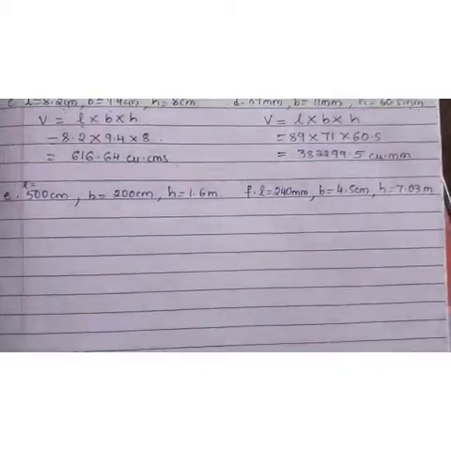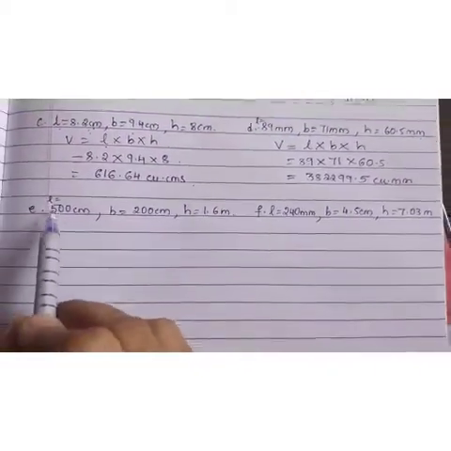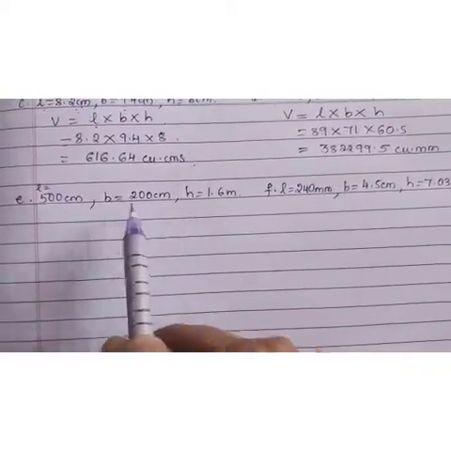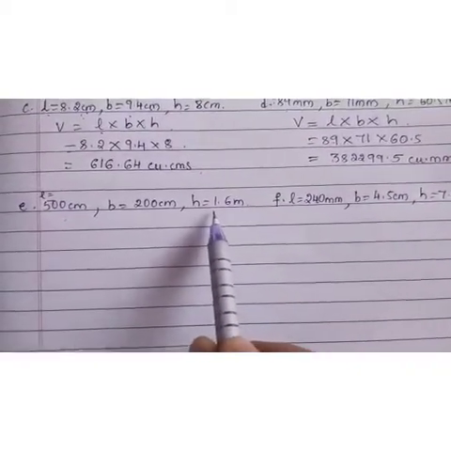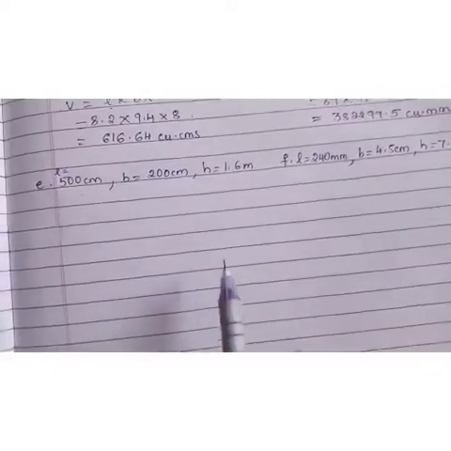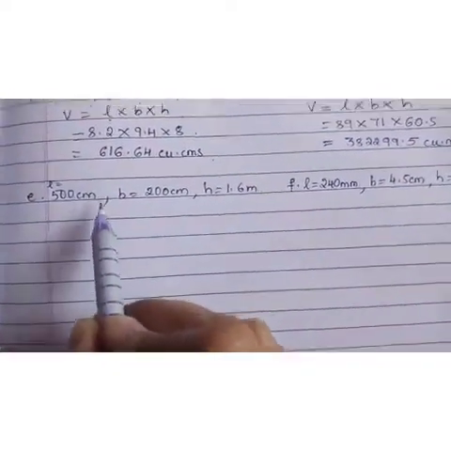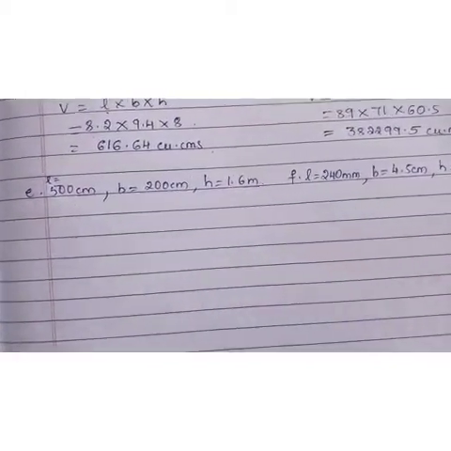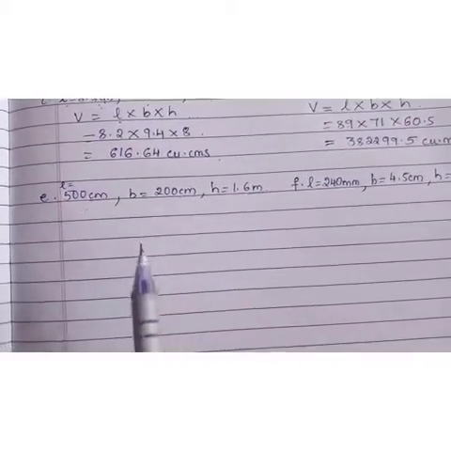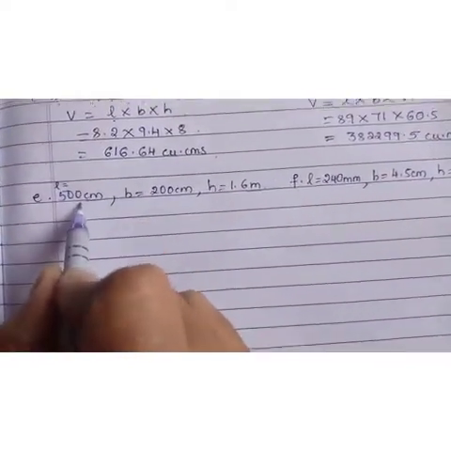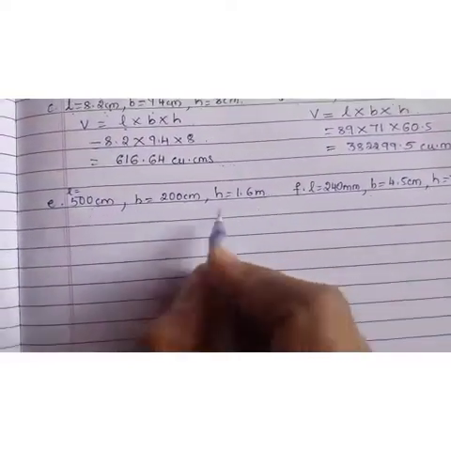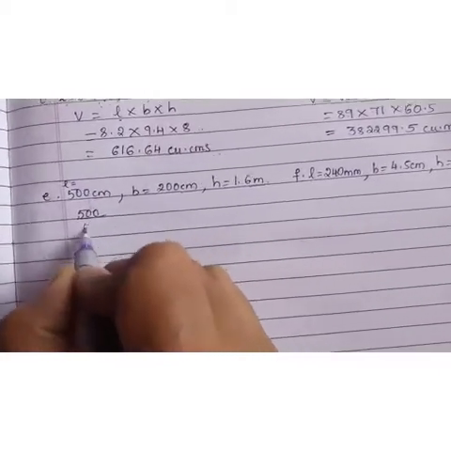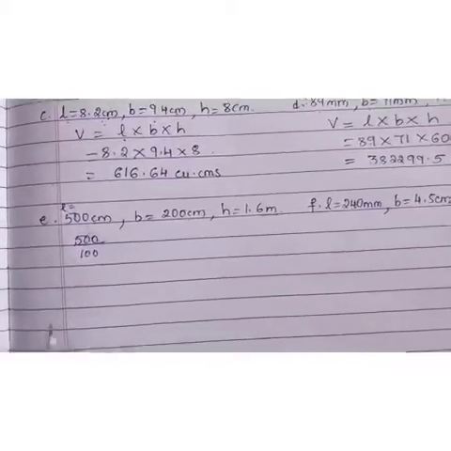Question number E. The question is length is equals to 500 centimeter, breadth is equals to 200 centimeter and height is equals to 1.6 meters. So children, when you observe, you see that here we have centimeter, centimeter and meter. So we have to convert these into same units. So 500 centimeters, when we convert it into meters, we divide by 100.